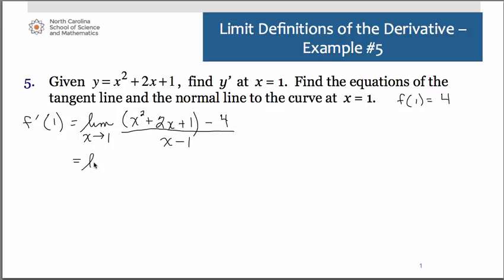So as we start to simplify, in the numerator, we have x squared plus 2x minus 3. In the denominator, we are not able to substitute in 1 because it results in a 0 in the denominator. So we are going to have to algebraically manipulate this limit expression by factoring the numerator.